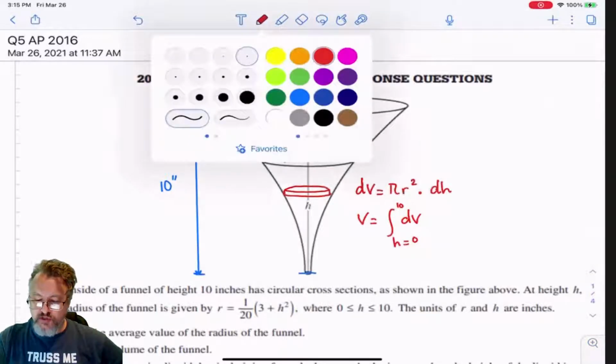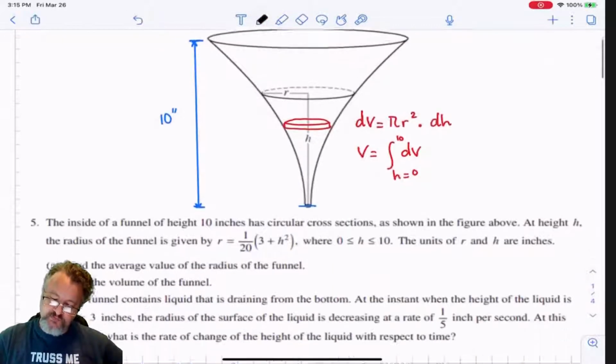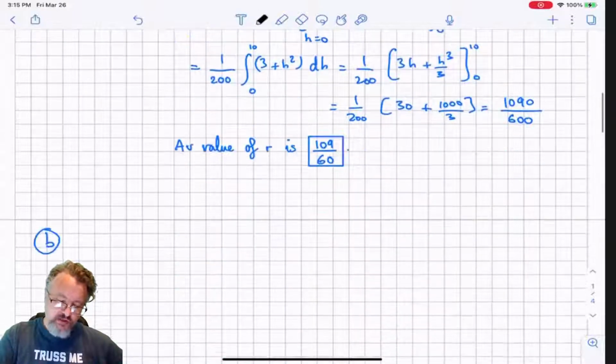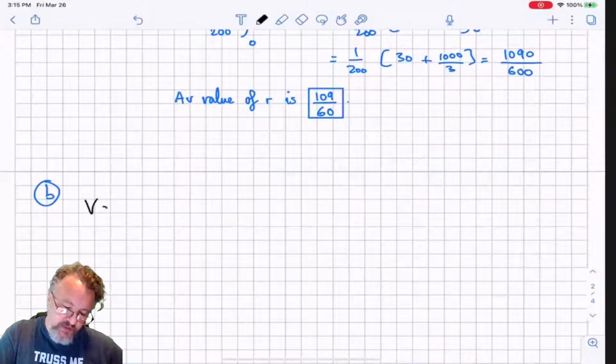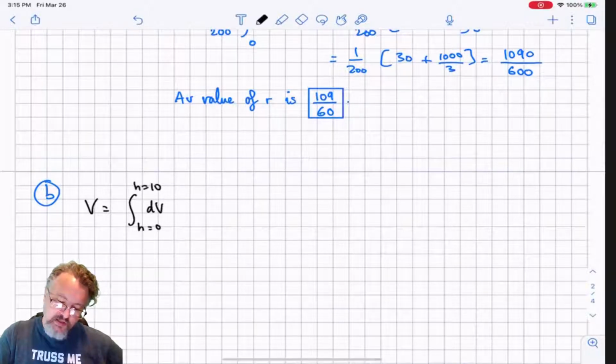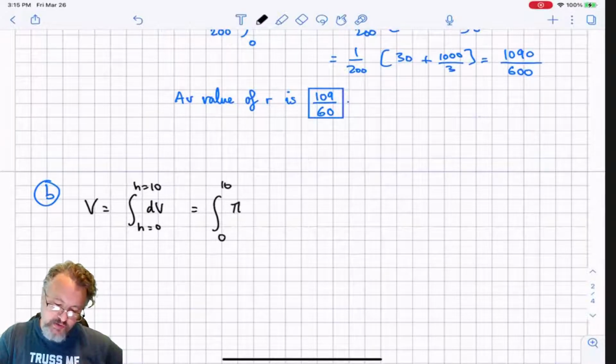So I'm going to rewrite this, changing colors. You're going to have V equal the sum of all the dVs as h goes between 0 and 10, which is going to be equal to the integral of pi r squared dH.